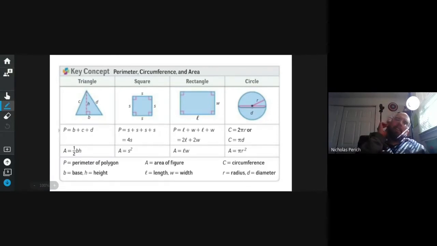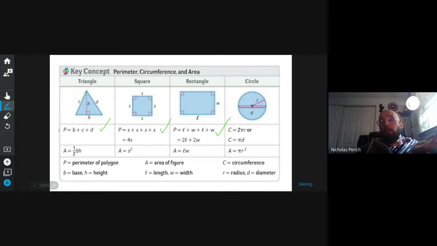These are all formulas I would like to think you know already. Even if you didn't, a lot of it's just common sense. The perimeter for any shape is just adding up all the sides. Okay, so the perimeter, add up the sides.